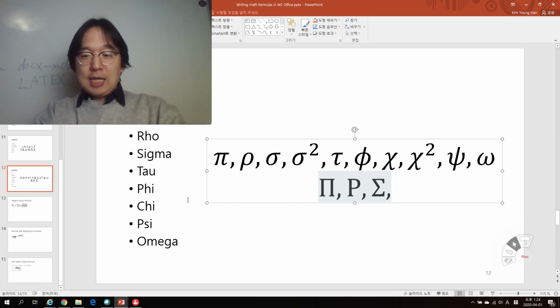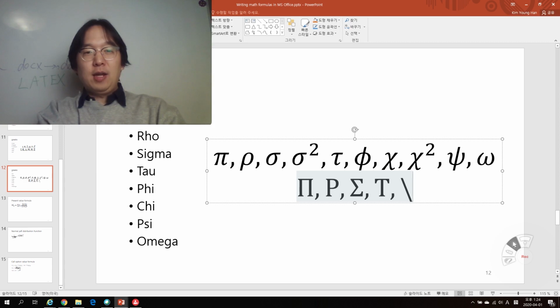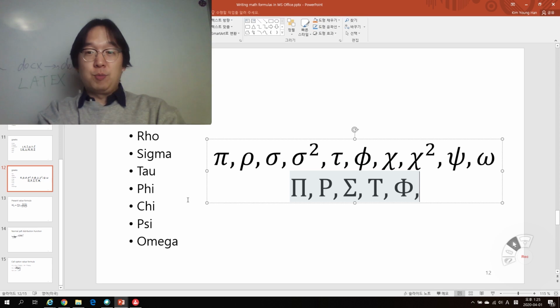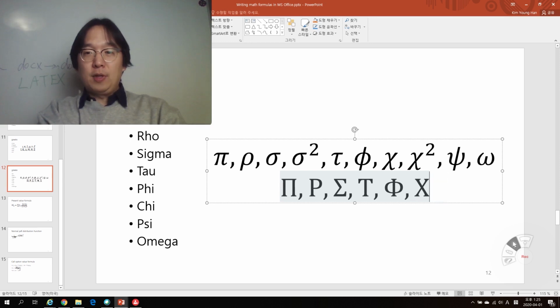the next thing is tau, backslash tau, T-A-U. Okay, phi. Yeah, phi. This is like a probability function, or what's that? Cumulative distribution function of normal distribution like this, right? Phi and chi. Chi, like this.